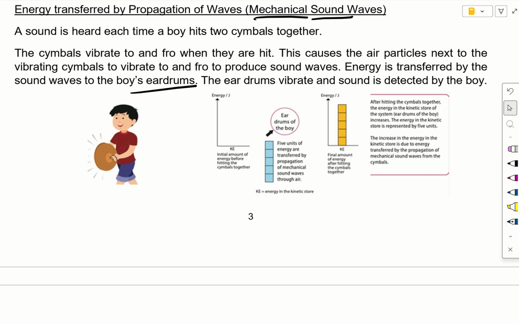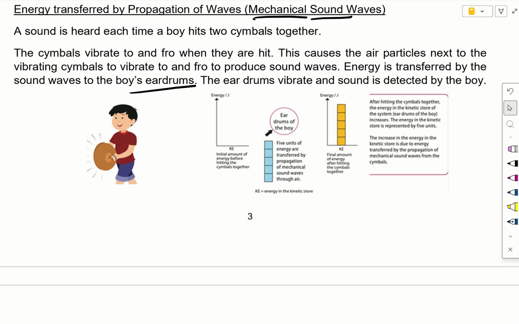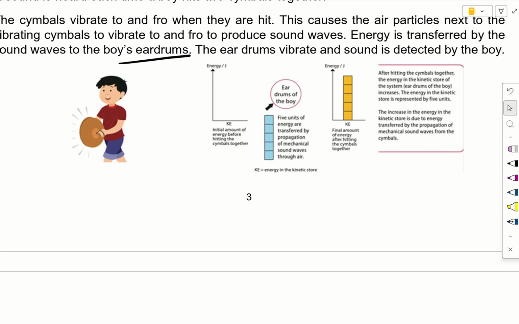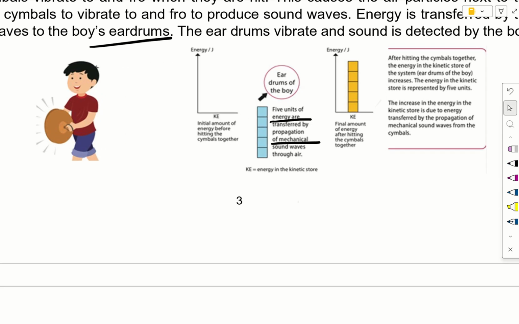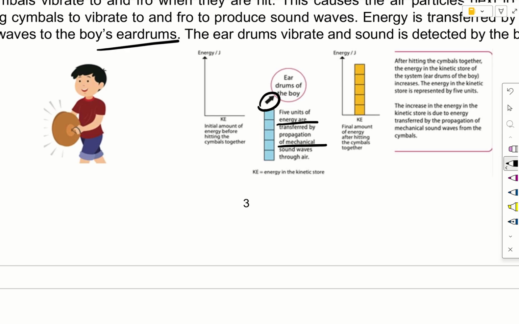Initially the eardrum of the boy is not moving. It only moves when there are air particles vibrating and transferring this energy to the kinetic store of the eardrum, so the eardrum can move. But before that, it wasn't moving. Every time he hits it, there will be some energy transferred by propagation of the mechanical sound wave through the air, and this gets transferred into the eardrum of the boy, which is the kinetic store of the boy.